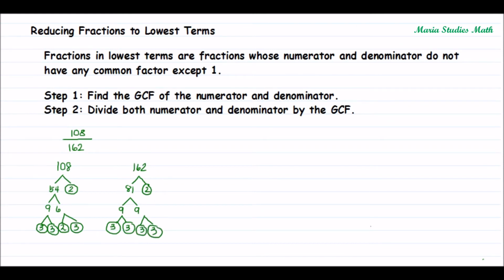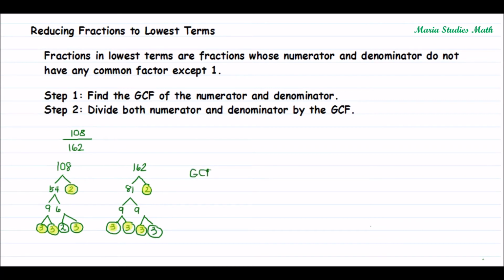Now that we have the prime factorization of both numerator and denominator, let's get the greatest common factor. Let's find the common factors between 108 and 162. First we have the 2 here. Both have 2. Another is 3. Another 3. Another 3.